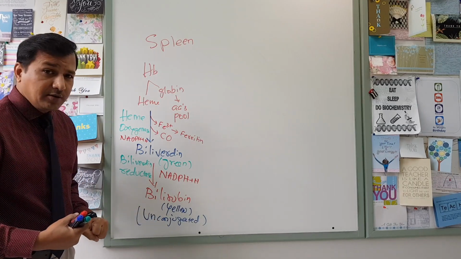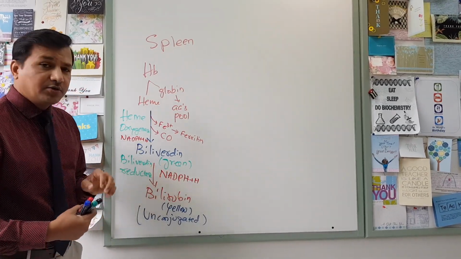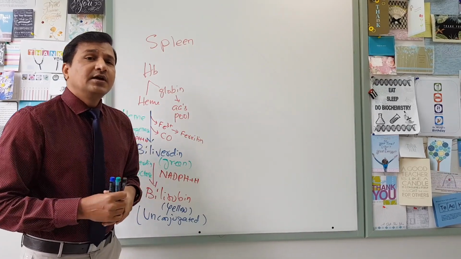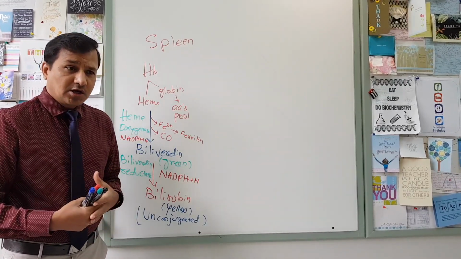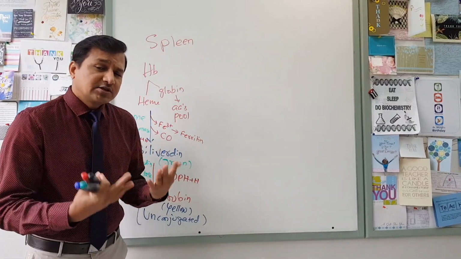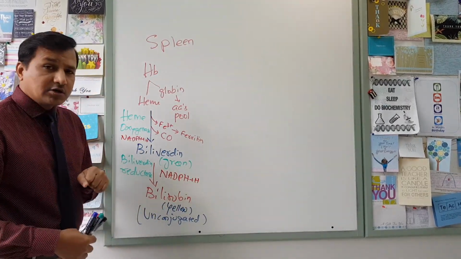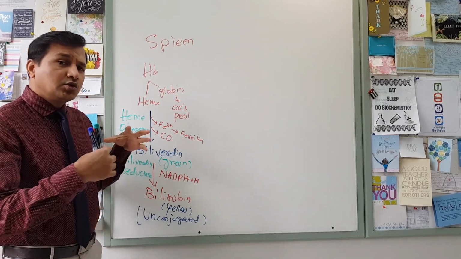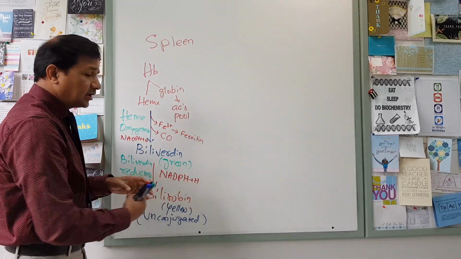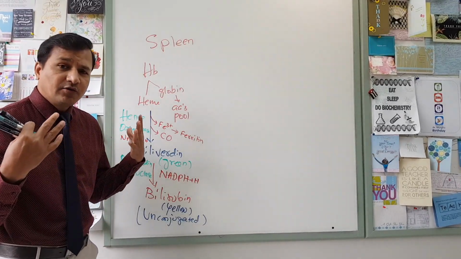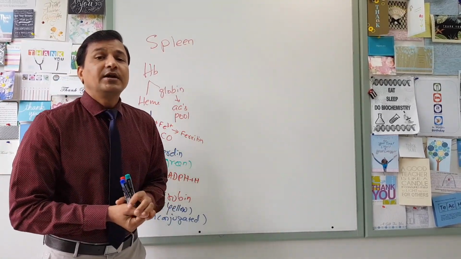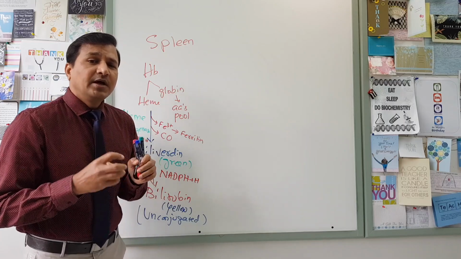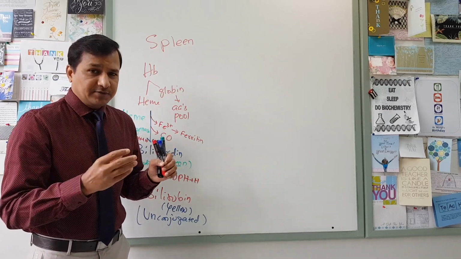You got bilirubin here, and it has to be sent to the liver to make it water soluble, because molecules that need to be excreted need to be in water soluble form. So we need to convert that unconjugated bilirubin, which is hydrophobic, into conjugated bilirubin, which is hydrophilic. That job will be done in the liver.